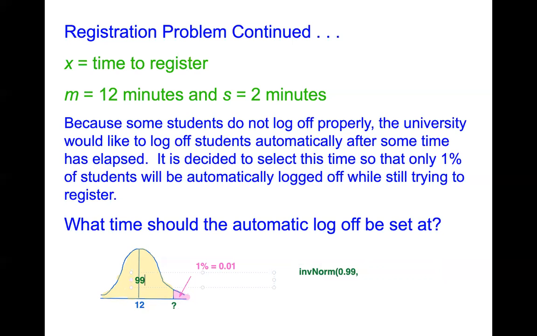Then for mean, we have 12 minutes, and then standard deviation is 2 minutes. Perfect. And for tail, I put right. Oh, so close. Oh, left. There you go. All right, you did the work of finding the area to the left. You don't want to then say it's the area to the right. Does that make sense? Yeah.